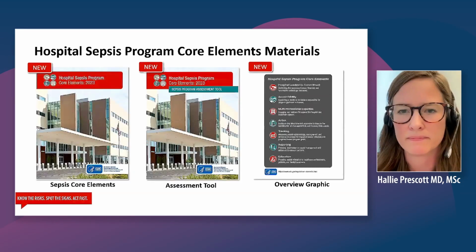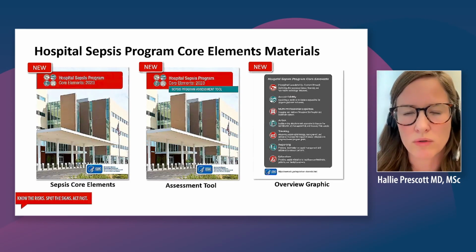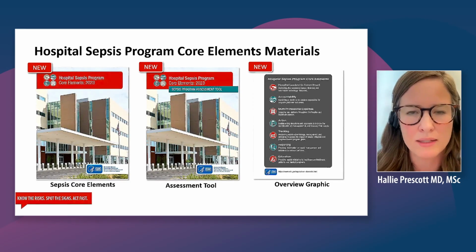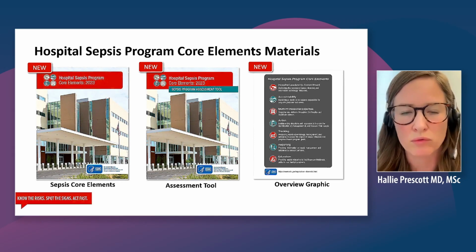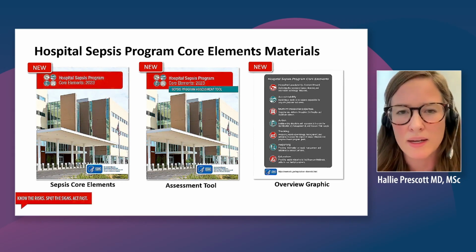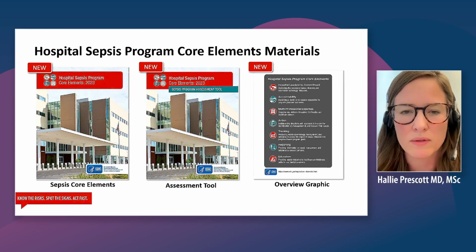Next slide. So the core elements were released in August and included a number of different documents. The first, the core elements guidance, provides a sort of broad guidance on running a hospital sepsis program to help hospitals do an assessment of their program.